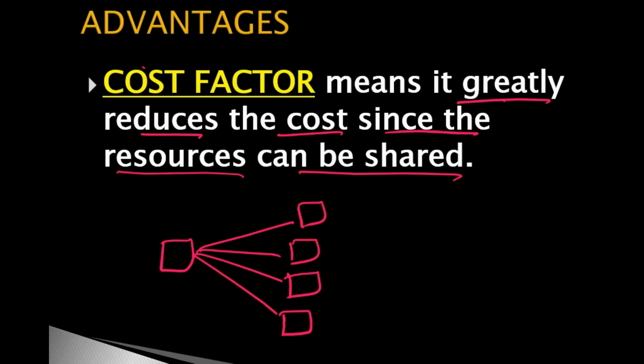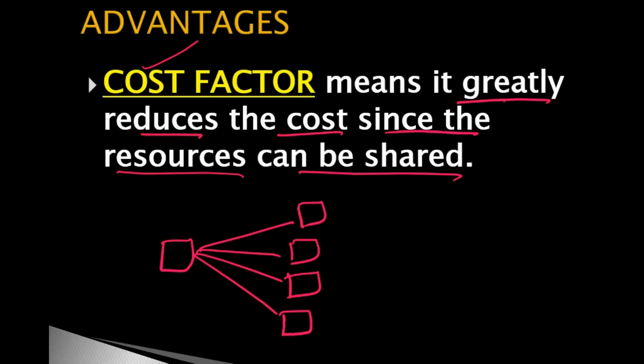That's why this advantage comes under the cost factor. The main advantage is the cost factor. It reduces the cost because the resources can be shared in a fraction of time.